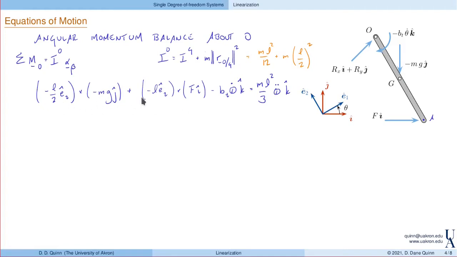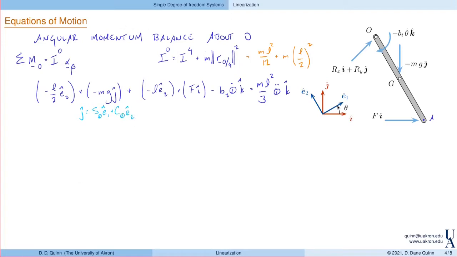Okay, so I need to take these cross products. Well, here I will remind you that we need to write E2 in terms of I and J, or J in terms of E2. Let's write J as sine of theta E1 plus cosine of theta E2.